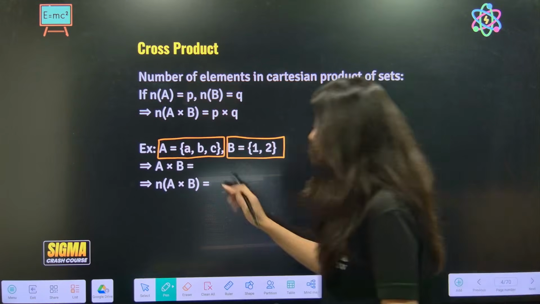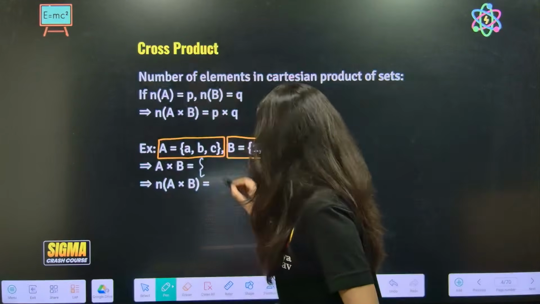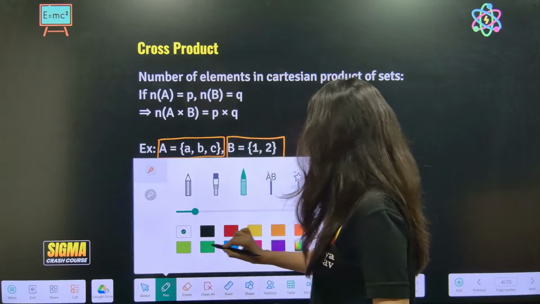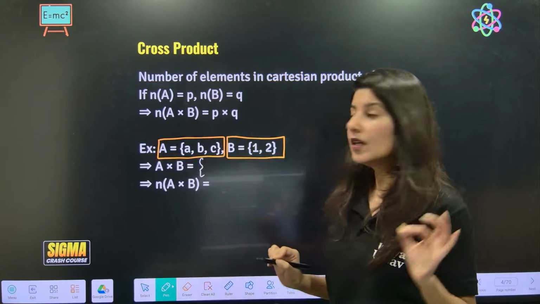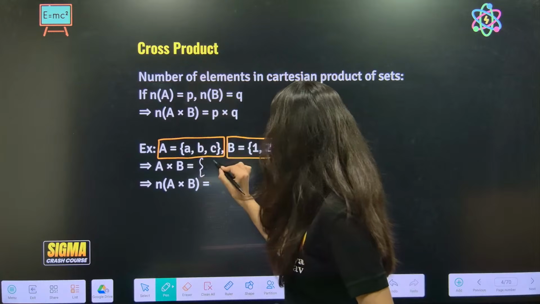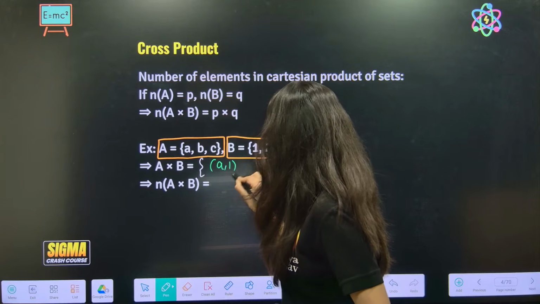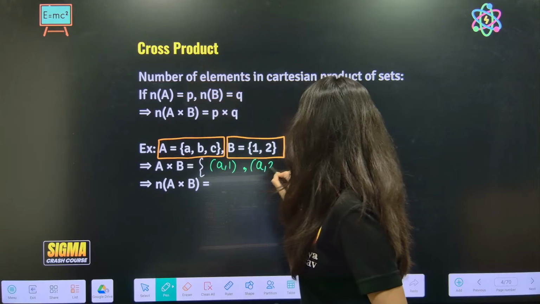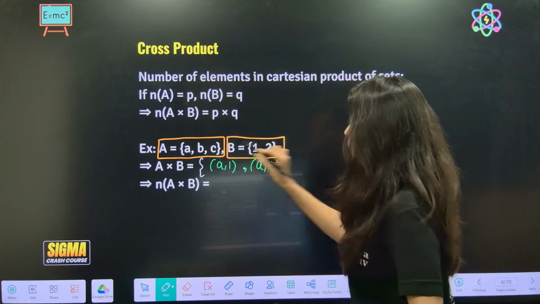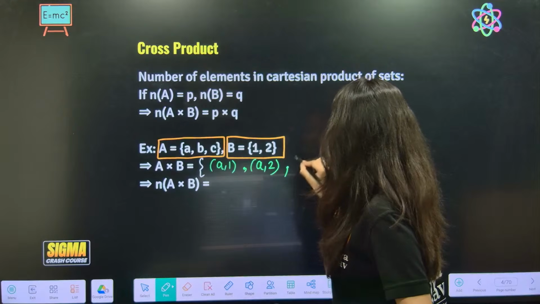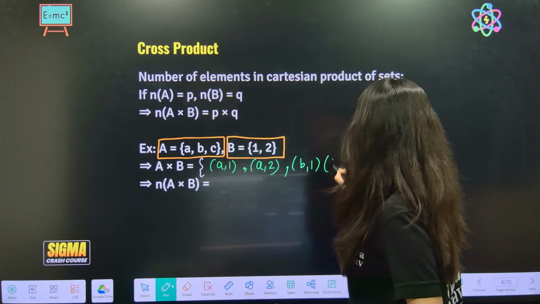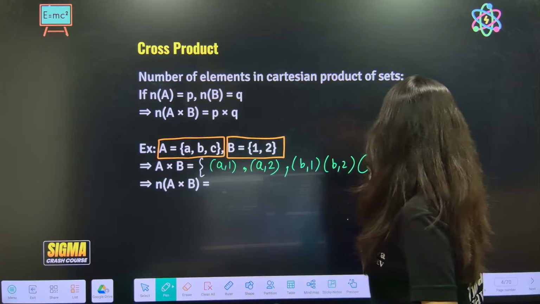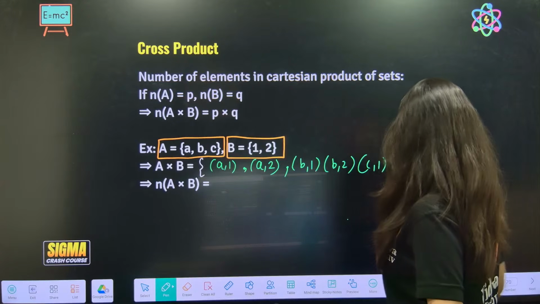So A cross B will have all the ordered pairs, my dear students. Ordered pairs will be A comma 1, then A comma 2, then B comma 1 and B comma 2, then C comma 1 and C comma 2.